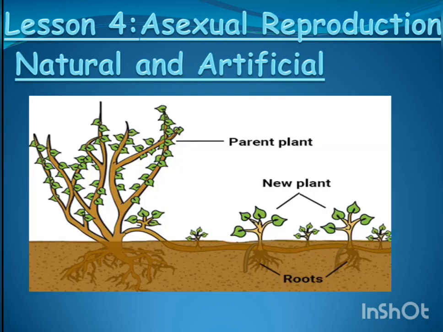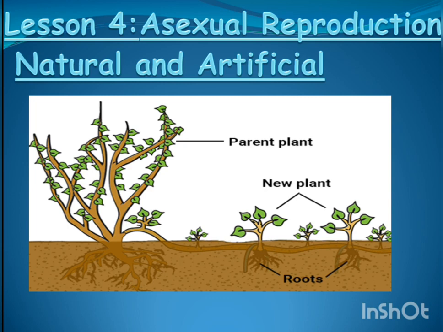The first one is layering. If you see, children, it is the same as vegetative propagation in stem, but here the human is involved. When the stem is growing closer to the ground, what does the human, the farmer, do?